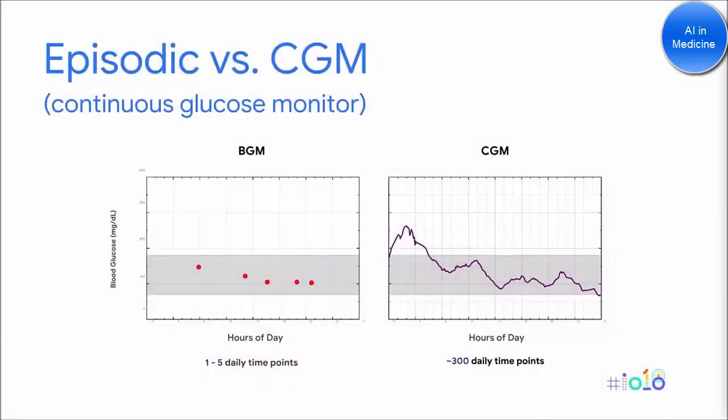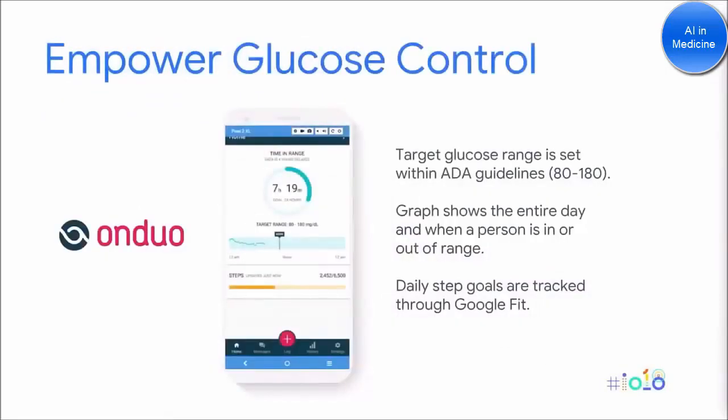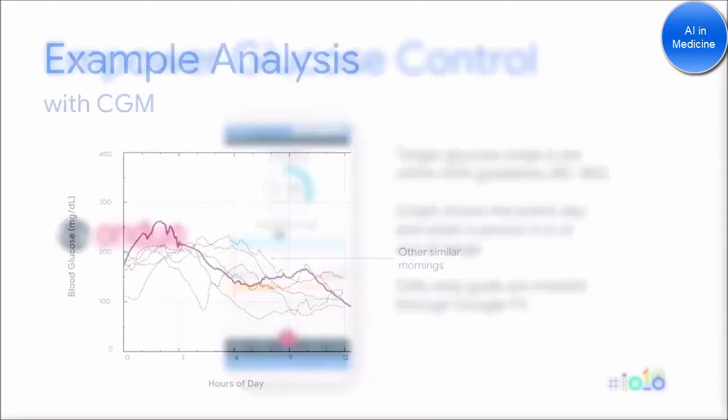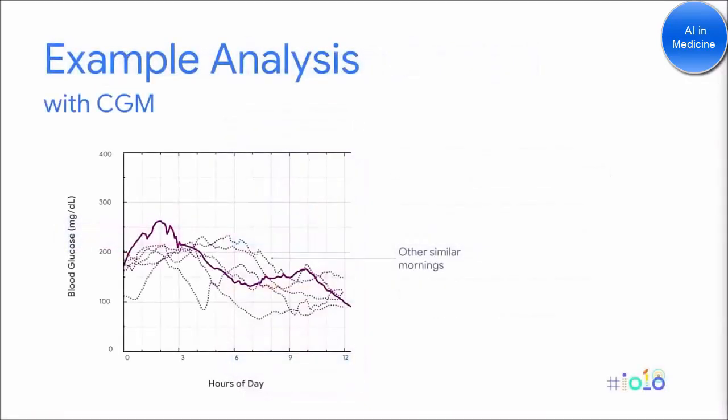This is showing you the difference between the data you might see in an episodic glucose example or what you're seeing with the continuous glucose monitor enabled by this new sensing. And so let's say we drill down into this continuous glucose monitor and we look at a cluster of days. This is an example. We might start to see patterns.